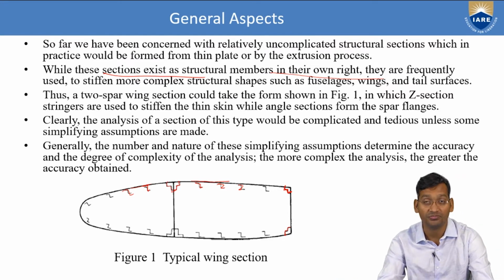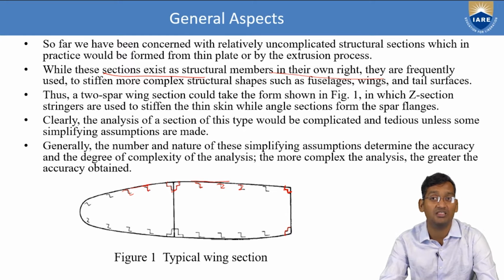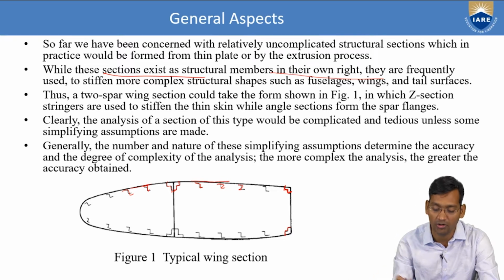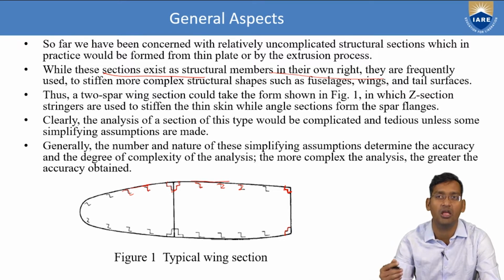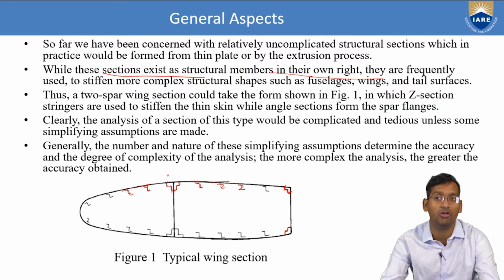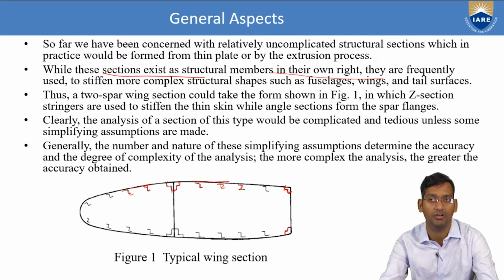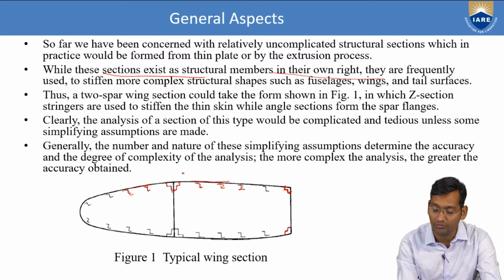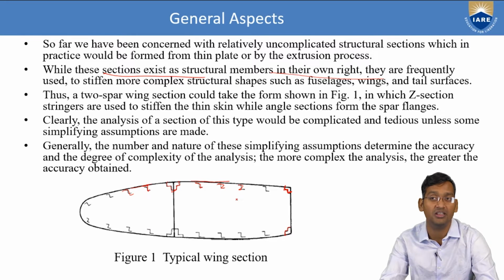Clearly, the analysis of a section of this type would be complicated. For this, you have to find separately the stringers, then the spar, then how much stress is carried by the skin and all. So that becomes difficult. A section of this type would be complicated and tedious unless some simplifying assumptions are made. So solving directly is a tedious process.